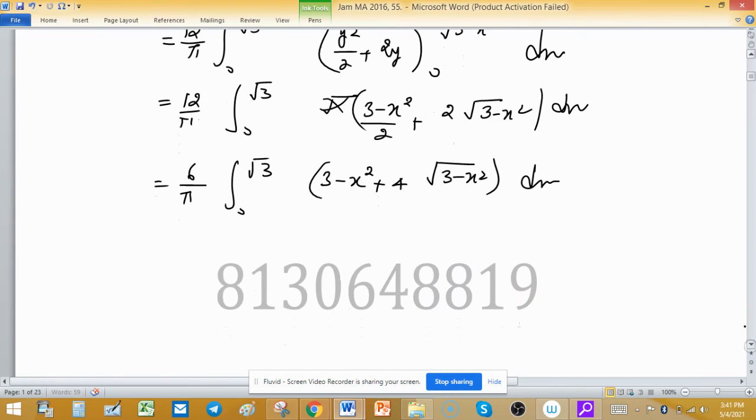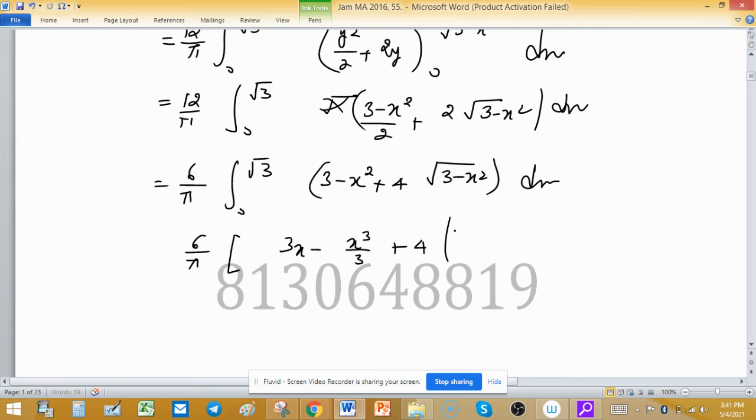Now we can simply integrate this expression. So this is 6 upon pi times 3x minus x cube upon 3, plus 4 times the integral of square root of a square minus x square.